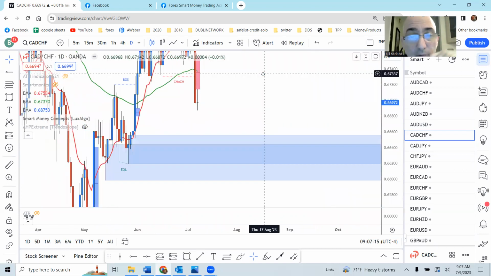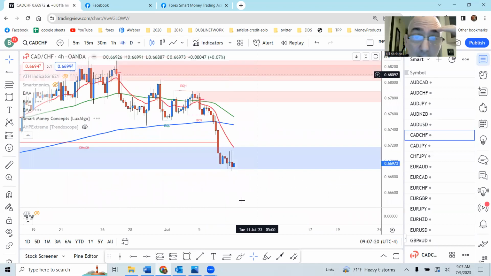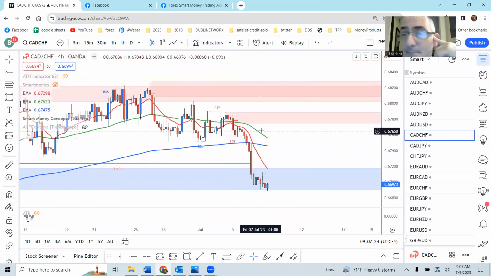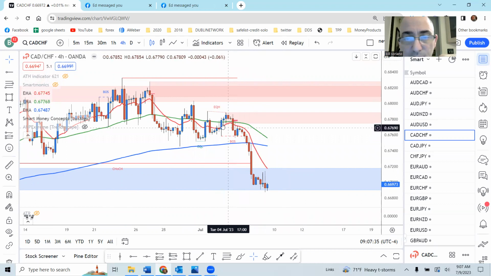So really on this one, if we look at the 4-hour, the 4-hour is kind of bearish as well. So sometimes the daily is telling us one thing and the 4-hour is telling us the other thing. This isn't the case here. We're going to definitely look to trade from this order block up here.